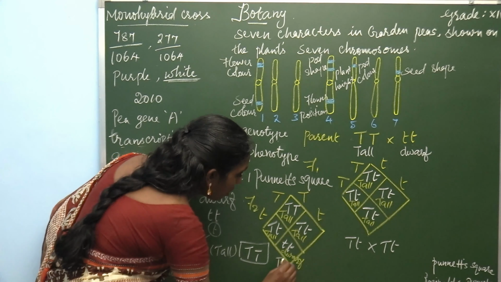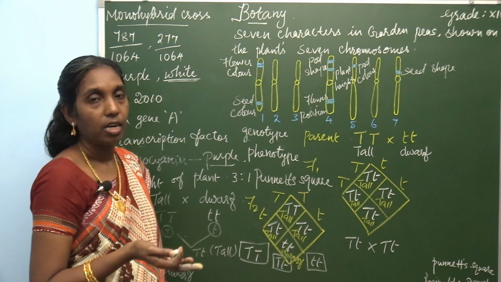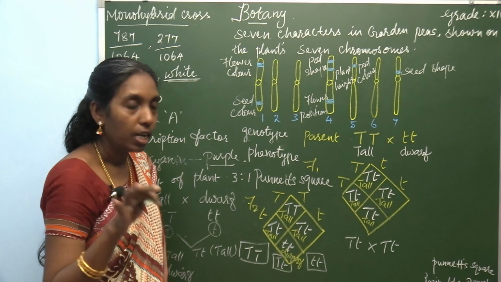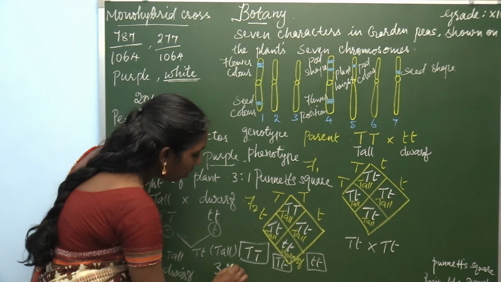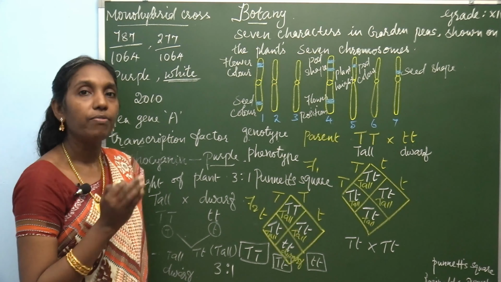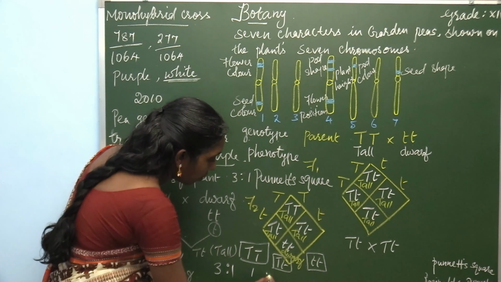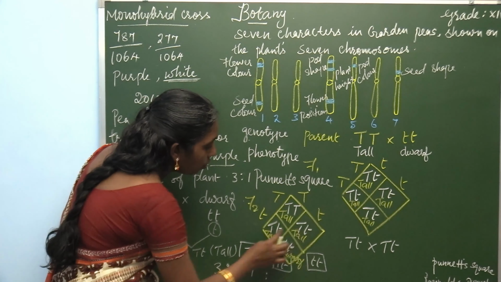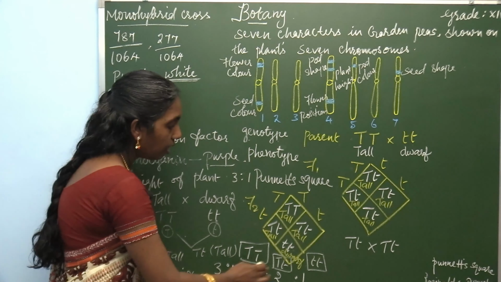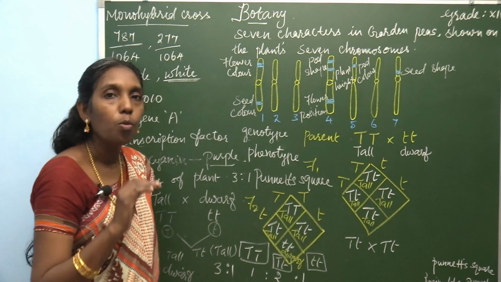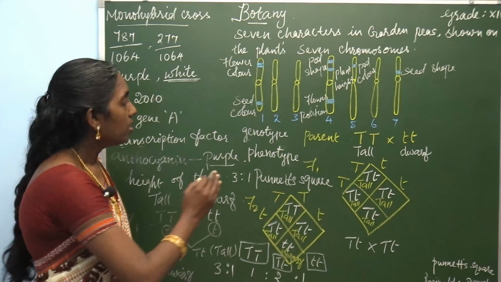Phenotypically, as I mentioned, phenotype is the observable character, so 3 are tall and only 1 is dwarf. The monohybrid phenotypic ratio is 3:1. The genotypic ratio is 1 capital T capital T, 2 capital T small t, 1 small t small t. These are homozygous tall, heterozygous tall and homozygous dwarf. So the genotypic ratio is 1:2:1.